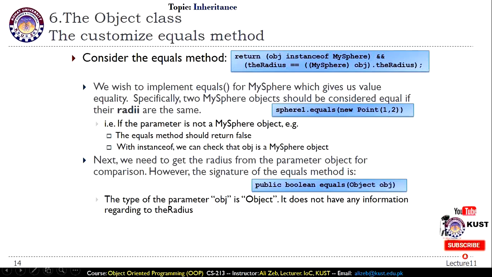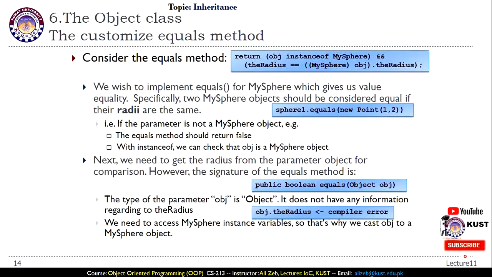So the type of the parameter is Object. It does not have any information regarding the radius. As we said, if we try to call a method that is in the subclass but not in the superclass, or a variable that is in the subclass but not in the superclass, then we won't be able to access it with an object of the superclass.